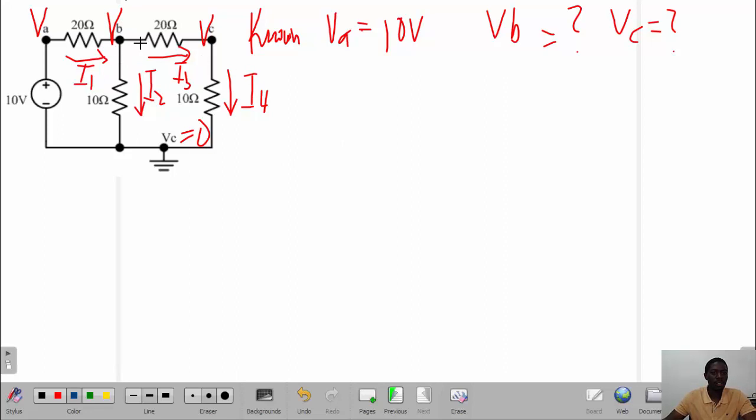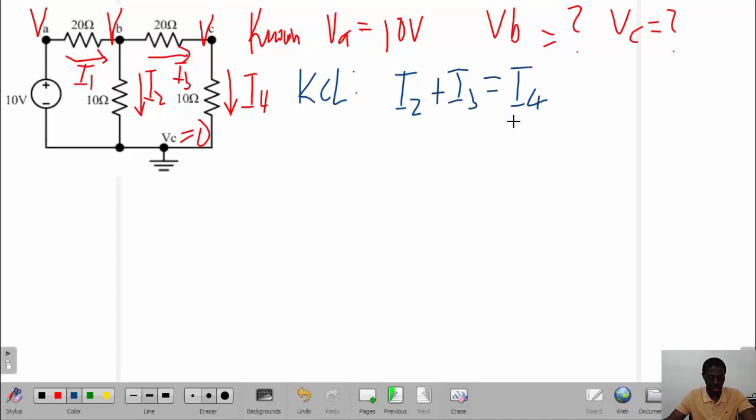For VB, we make KCL at node A. So we apply KCL at node A, which will give us I1 is entering the node, and I2 and I3 are leaving that same node. So if we add the two currents that are leaving, I2 and I3, it should be able to give us I4, which is the current that is entering that node.